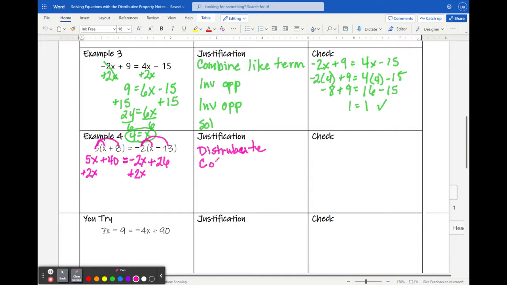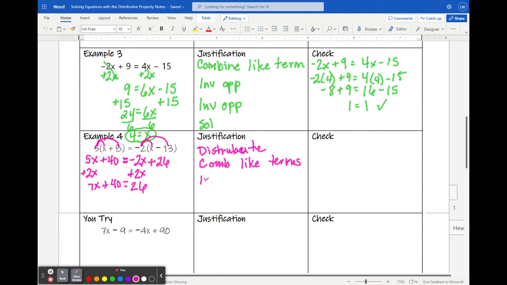So we're combining like terms. I end up with 5x plus 2x is 7x plus 40, because we didn't do anything to the constants. Negative 2x plus 2x is 0, so that leaves me 26 on the right-hand side.